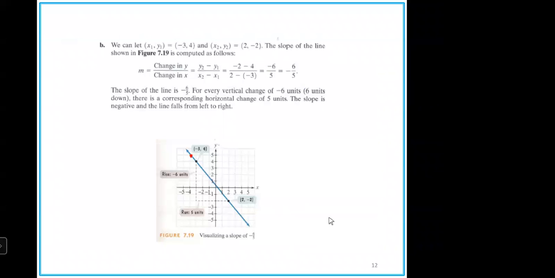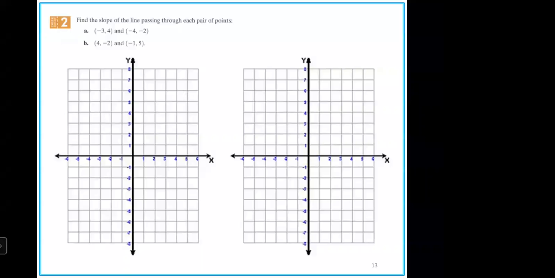The formula says change in y over change in x, so that's y2 minus y1 over x2 minus x1, and we work out the slope. So we don't necessarily have to draw them. We could just use that formula to work out the slope.